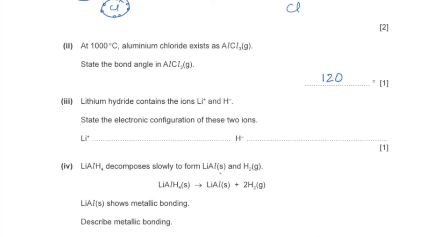So electronic configuration of a neutral lithium atom would be 1s2 2s1. When we take away an electron, it becomes only 1s2. Now, hydrogen has its electronic configuration of 1s1. When an extra electron is added to it, it gets a complete shell, so it gets 1s2.